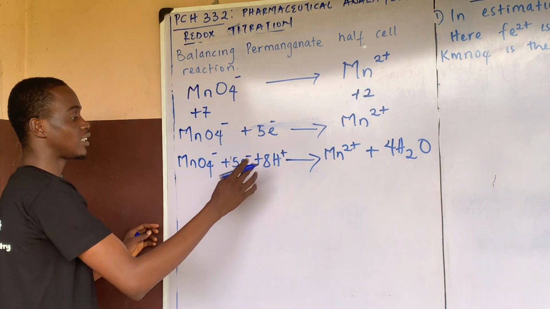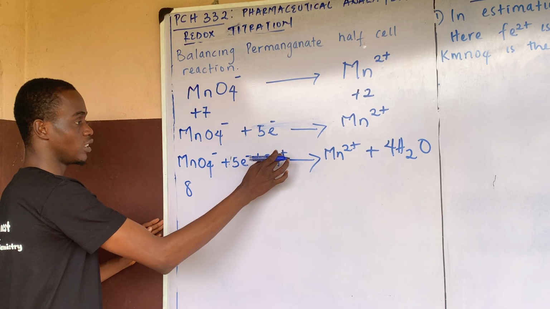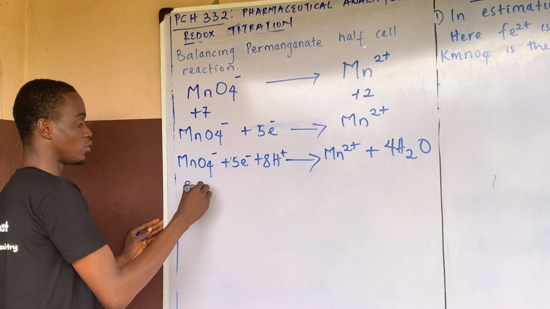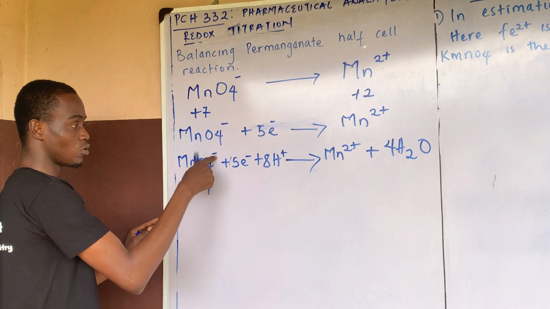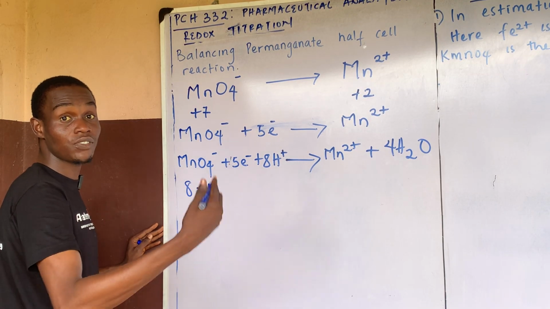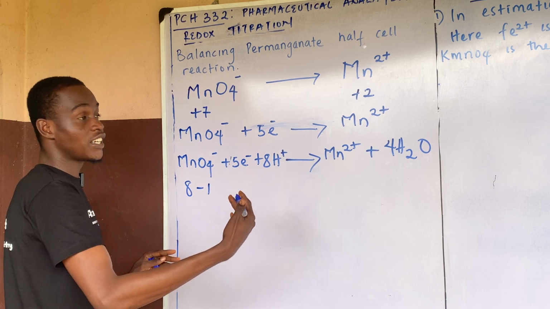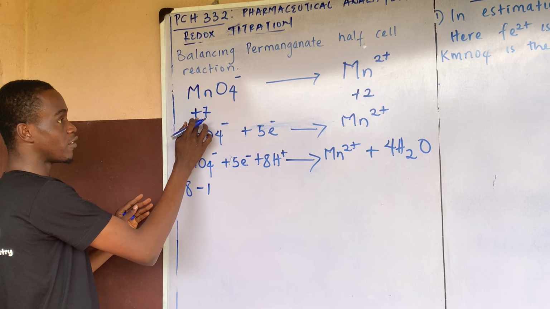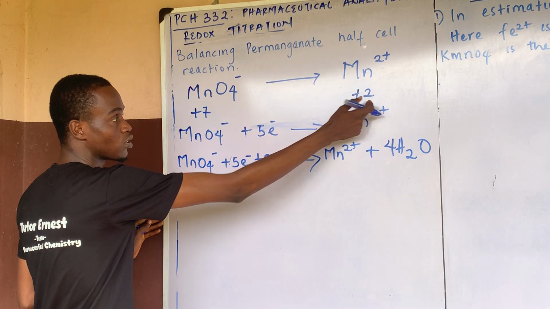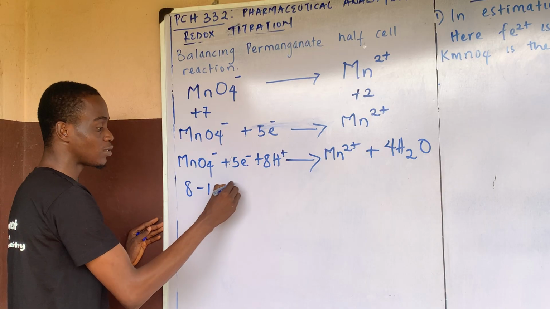If you look at the ions in the reactant part, we have 8 positive ions, 8 plus, and minus 1 for permanganate. The plus 5 electrons means it accepts electrons, which, as I explained, goes from plus 7 minus 5 to plus 2. So it's indicating minus 5.